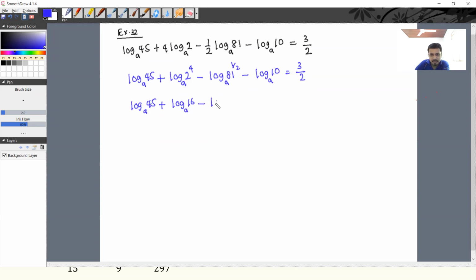Minus here 81 to the power 1 over 2, or 81 to the power 0.5. To the power 1 over 2 means the square root value. Square root of 81 is 9. Log of 9 to the base a minus log of 10 to the base a equals this one.